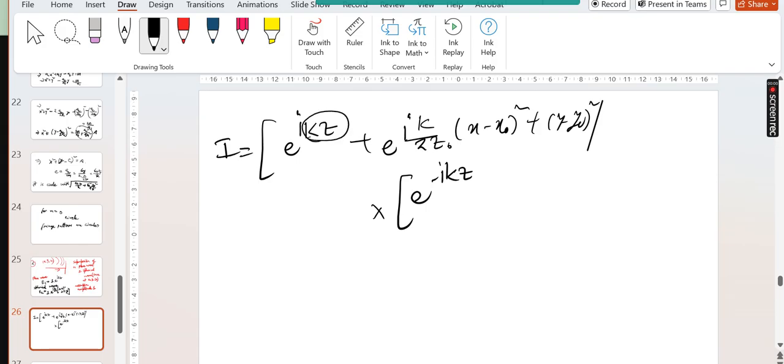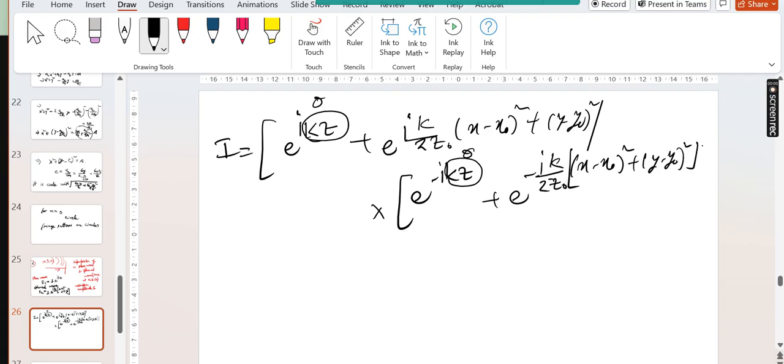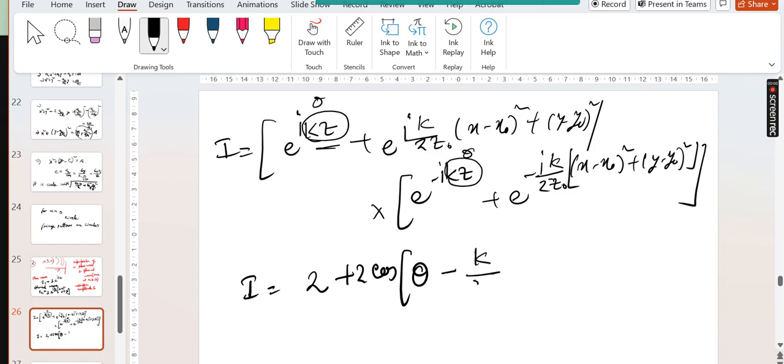You can consider this portion as a constant, which is going to be theta, plus e to the power minus ik by 2z naught times (x minus x naught) whole square plus (y minus y naught) whole square. So after all the calculation, it became 2 plus 2 cos theta, where theta is kz minus k by 2z naught times (x minus x naught) whole square plus (y minus y naught) whole square.